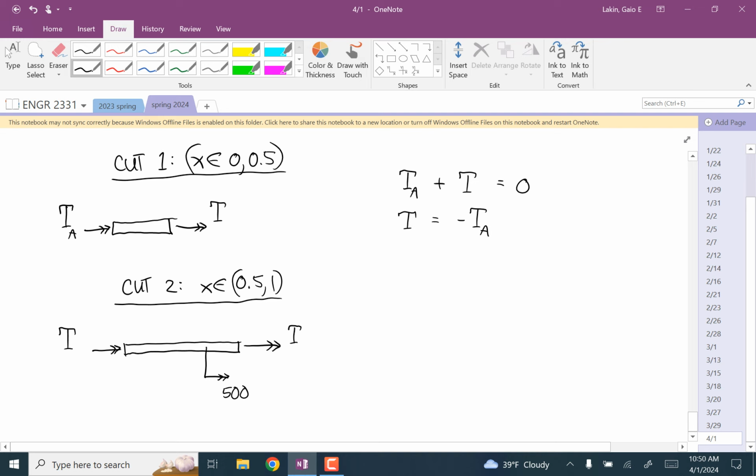The moment equation says TA plus T is equal to negative 500. So the internal torque is negative 500 minus TA.